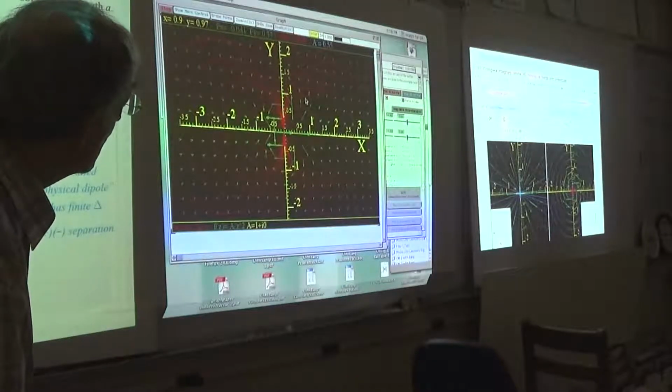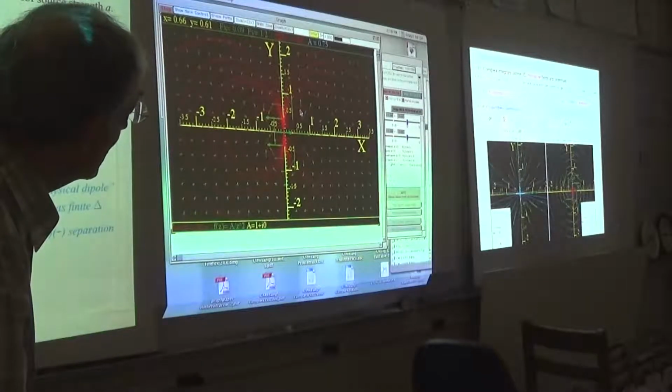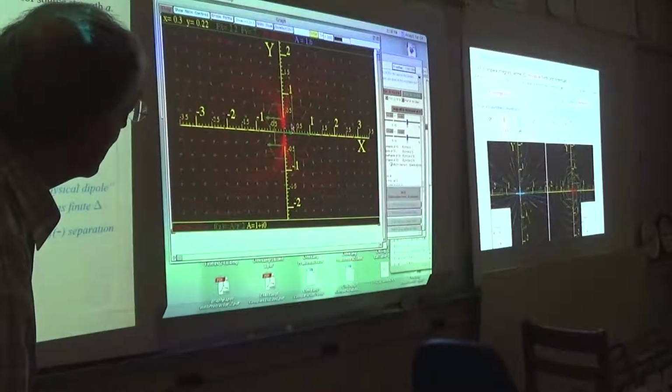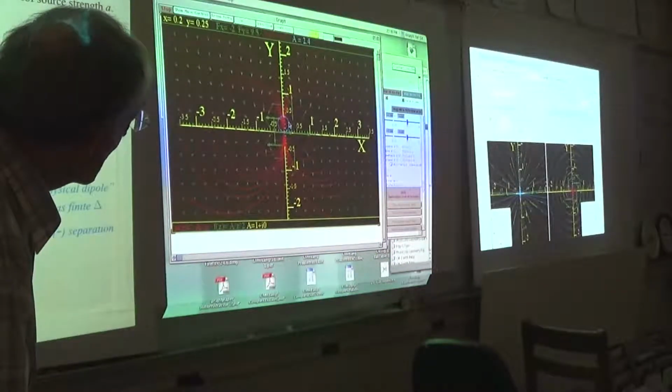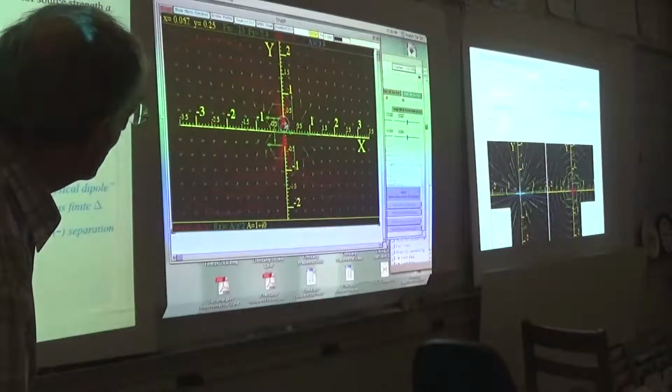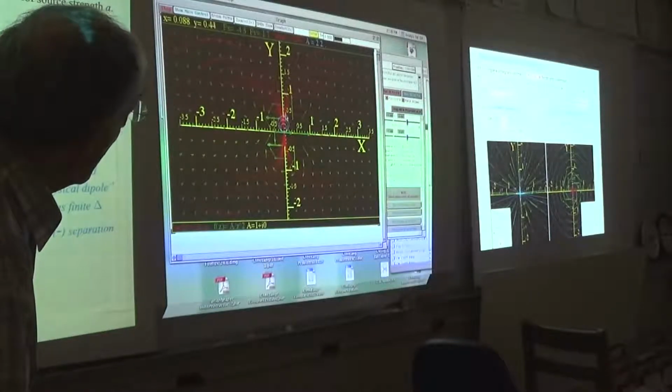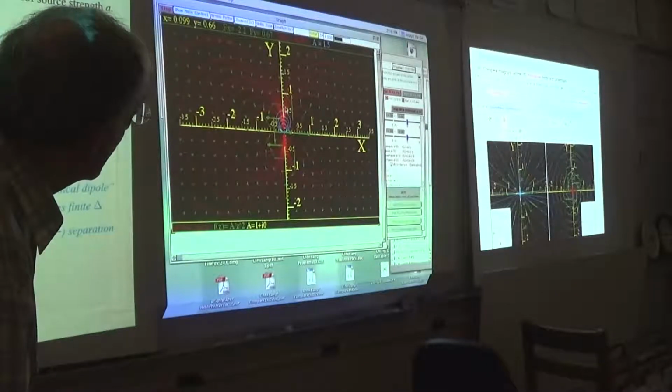The flow lines now go in the direction of the arrows. There's a circle right there. I'll make an even smaller one, and just keep making those.